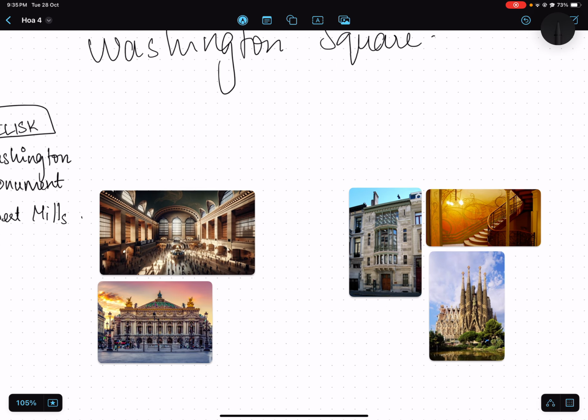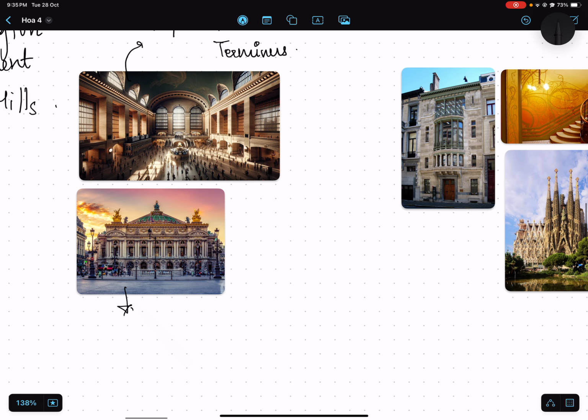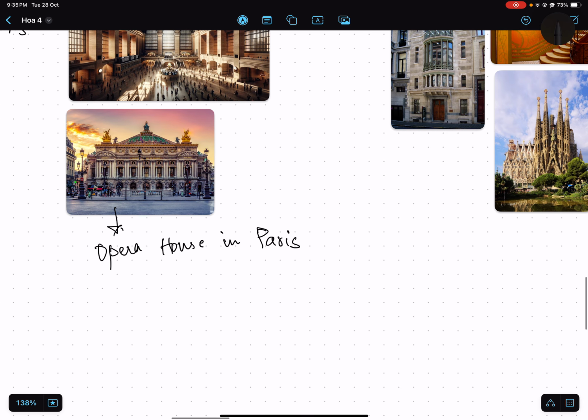So this is New York City's Grand Central Terminus, and this is our Opera House in Paris, and it had another name to it, which is Palais Garnier.